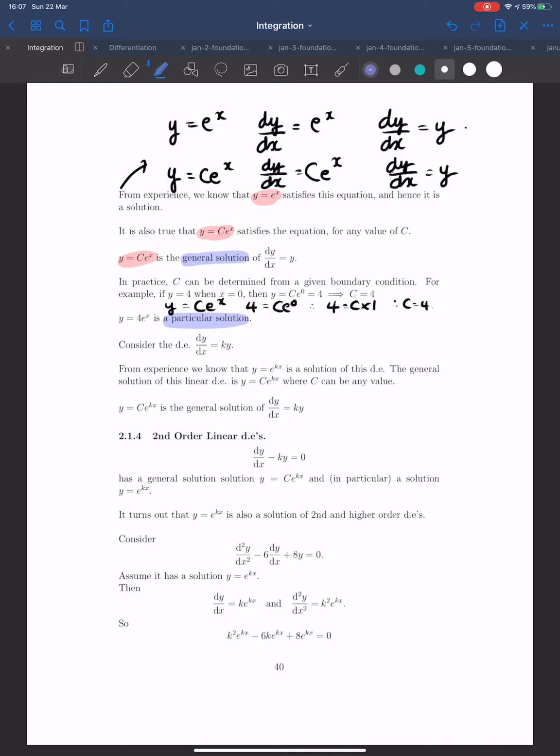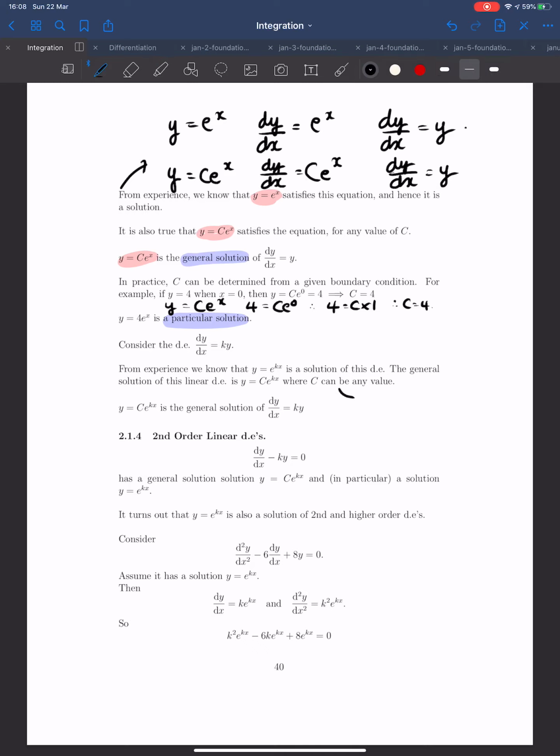Okay, next one. Consider the differential equation dy by dx is ky. From experience, again, we know that y equals e to the power of kx is the solution of this differential equation. And for the general solution, we can put the c in front of the e.